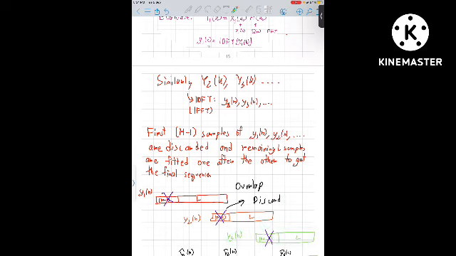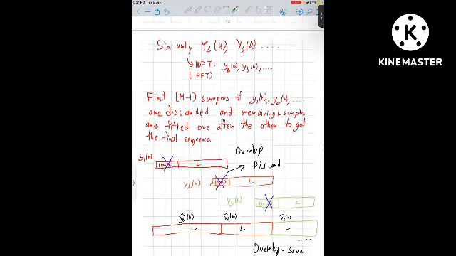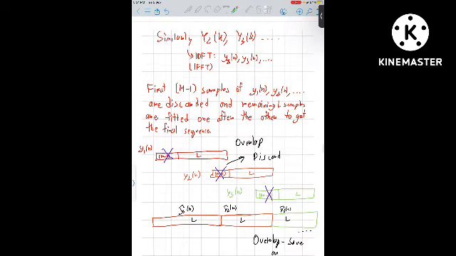y1 hat of n, y2 hat of n, y3 hat of n, all of them are L length sequences. Okay, so because these are overlapping, and here they are being discarded, or you can say I was saving these.